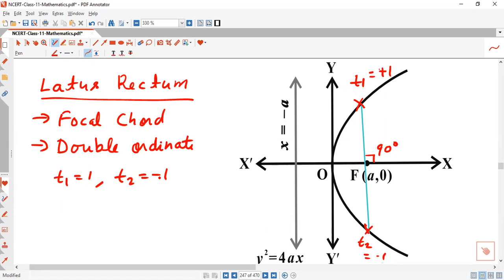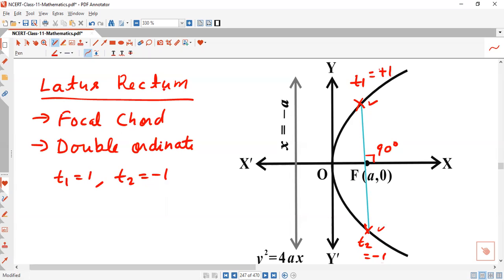So the value of T at the end point of the latus rectum is 1, and here minus 1. So the end points are very important: T equals 1 and T equals minus 1.